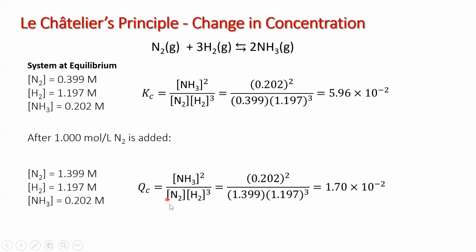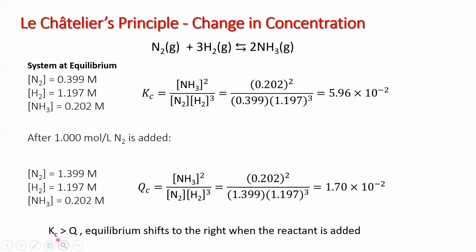But because we increased the concentration of nitrogen, which is in the denominator of our expression, it decreases Q. So Q is less than K. That means the system is no longer at equilibrium. We put a stress on the system by adding nitrogen gas.